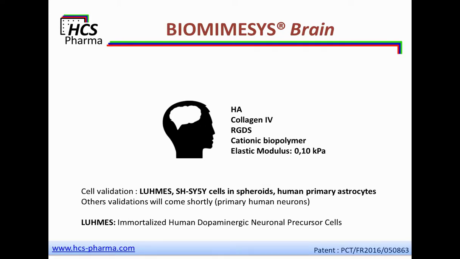This matrix has been validated for the culture of different cells like LUHMES, immortalized human dopaminergic neuronal precursor cells, which can be differentiated into mature dopaminergic neurons, but also for SH-SY5Y cells in spheroids, and also for the culture of human primary astrocytes. But this is one of our last matrices, so we are still characterizing this.